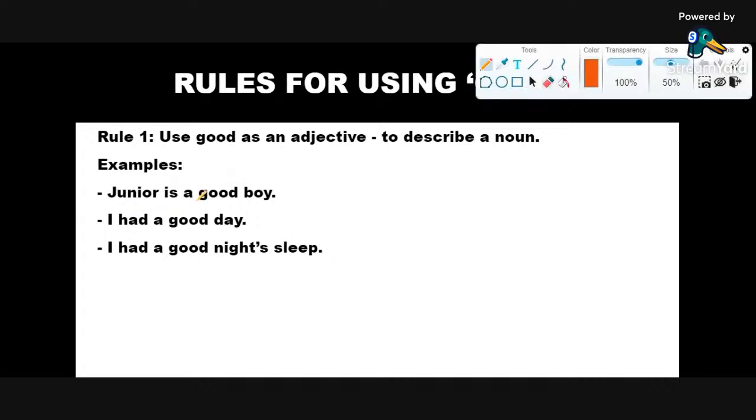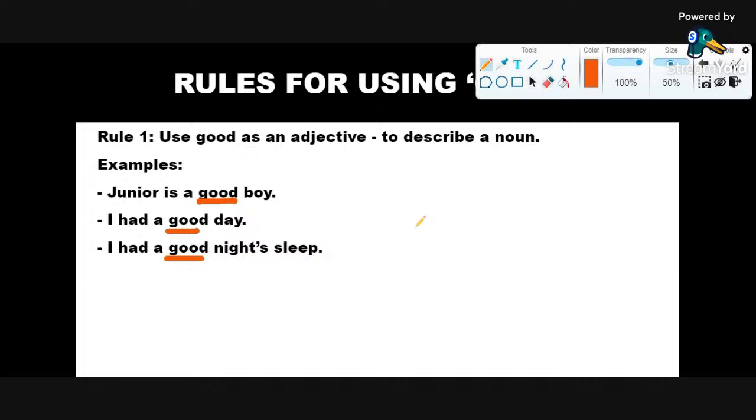Junior is a good boy. The word good is an adjective describing boy. I had a good day. Good is an adjective describing day. I had a good night's sleep. Good is an adjective describing night's sleep.